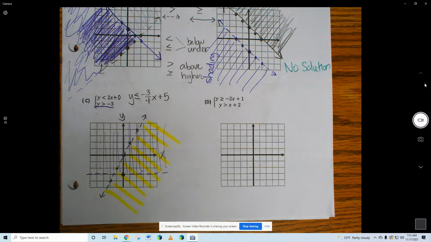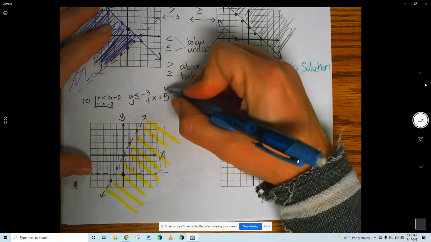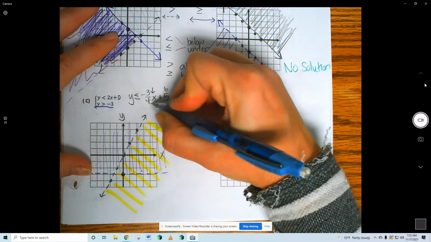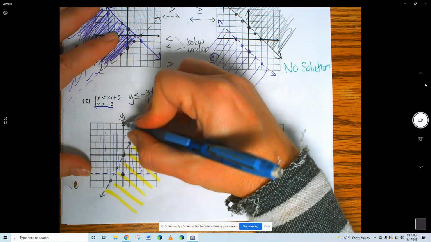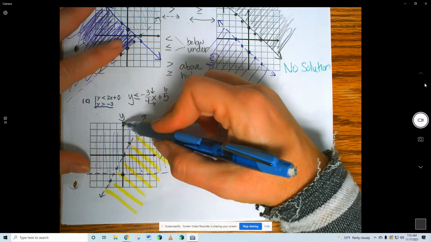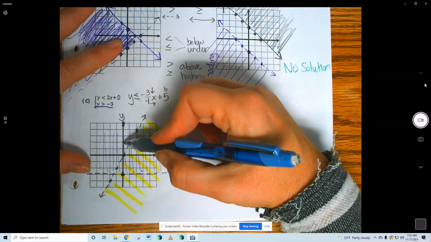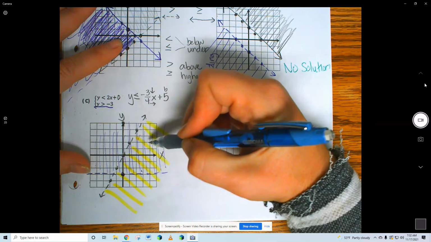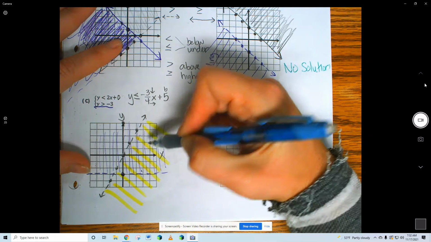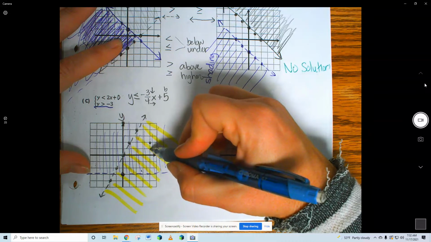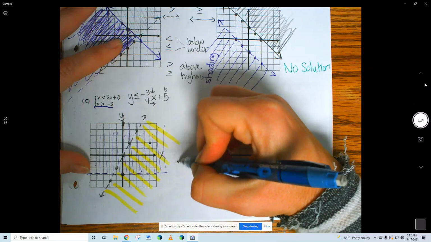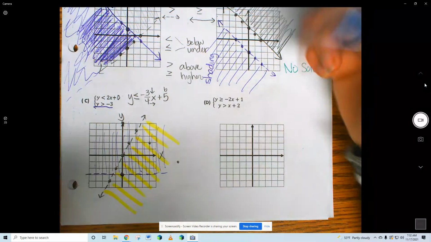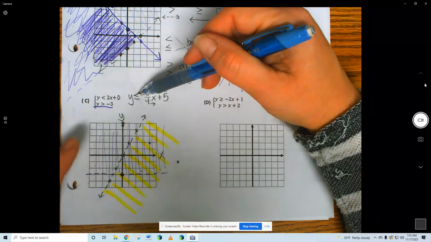Listen. Begin at 5. Go down 3 and then right 4. Down 3, right 4. And I'm going to go off the graph. I don't even have space for this. Down 3, right 4. This would be a solid line because it says less than or equal to.